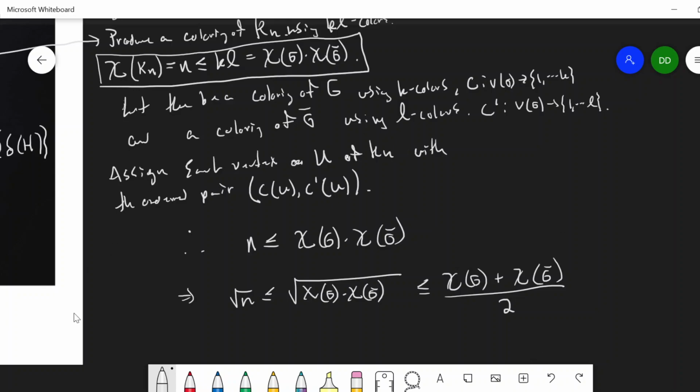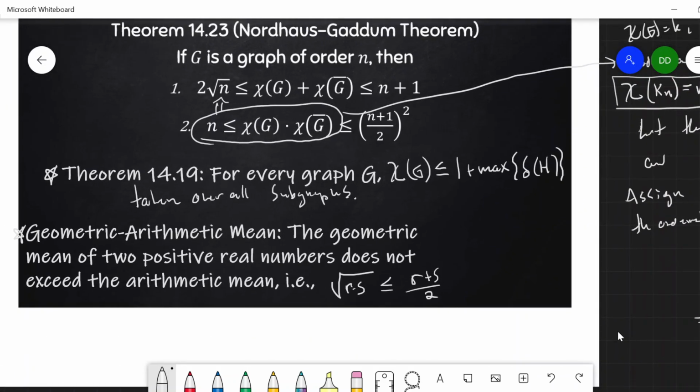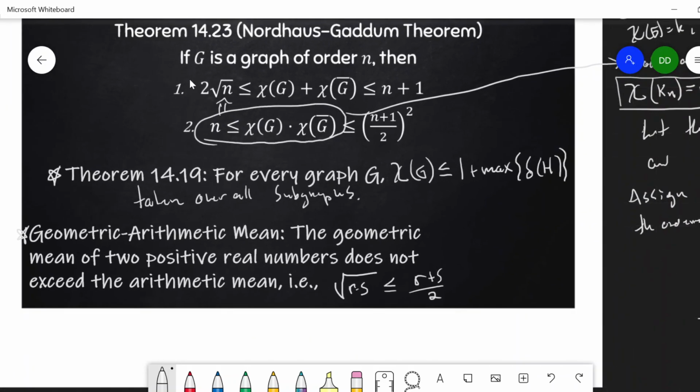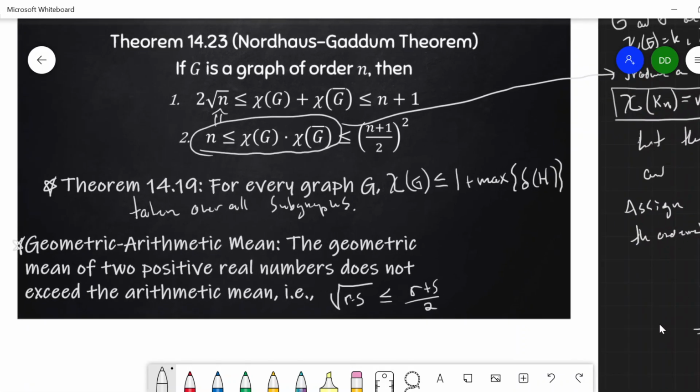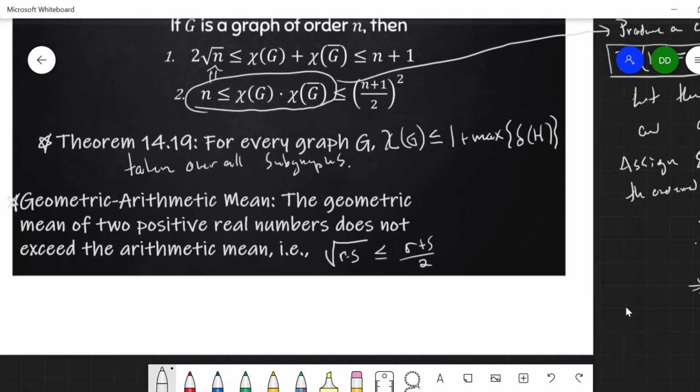And rearranging this a little bit, we get that 2 square root of n is less than or equal to the sum of the chromatic number of G and the chromatic number of G complement. So that not only takes care of the lower bound in 2, but also takes care of the lower bound in 1. And so now we'll take a stab at the upper bounds in each of these.